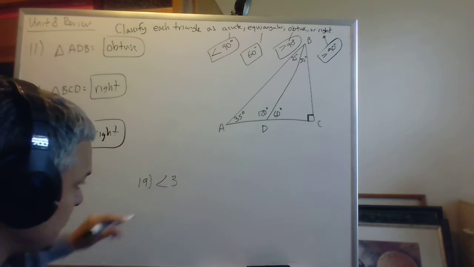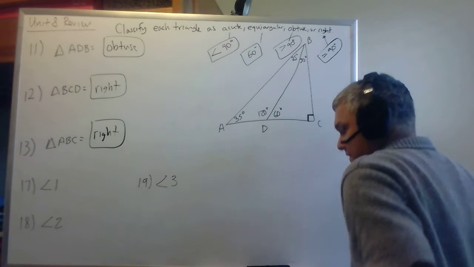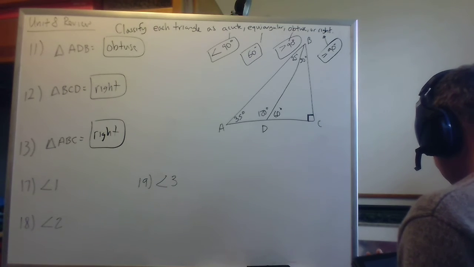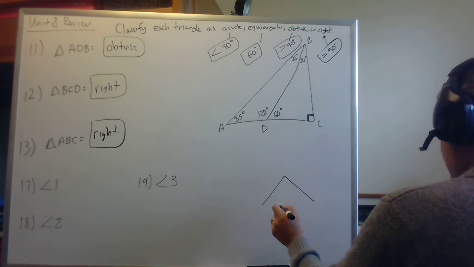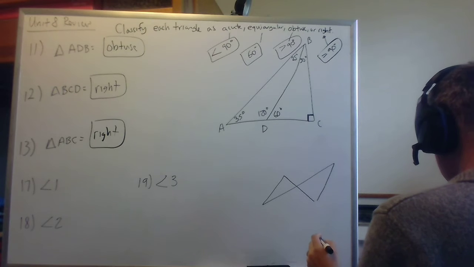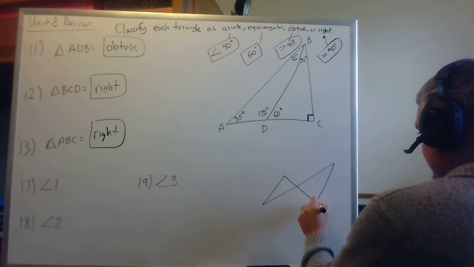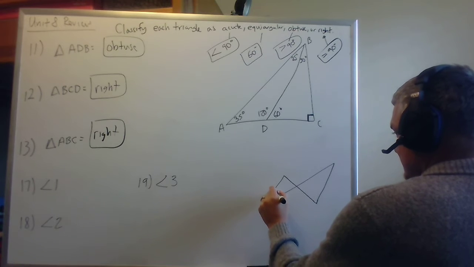And I am going to draw the problem right here. So we have this cool looking shape. Kind of looks like a bow tie. We have 35 degrees right here.